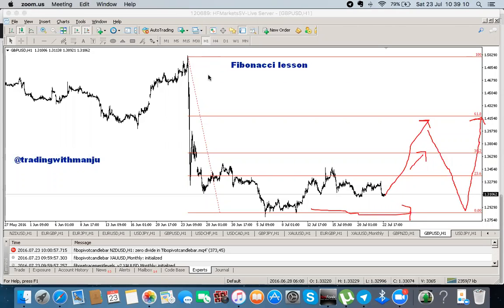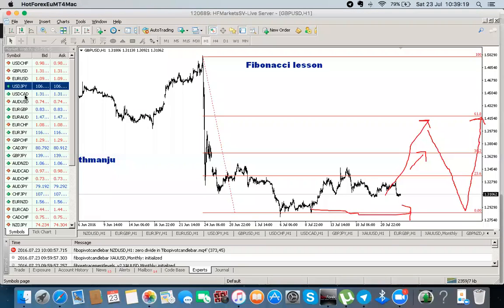Okay, so let's look at another chart. Let's look at some other charts where we can understand it better. So let's go to USD CAD.